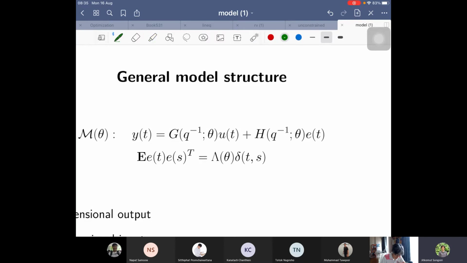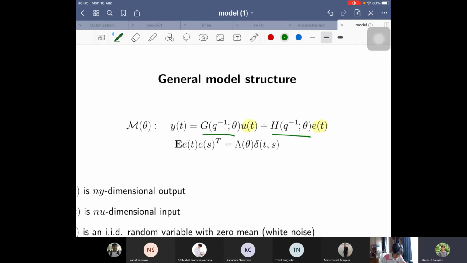Your output Y is a response from two types of input, U and noise E. The matrices G and H here are called transfer functions.